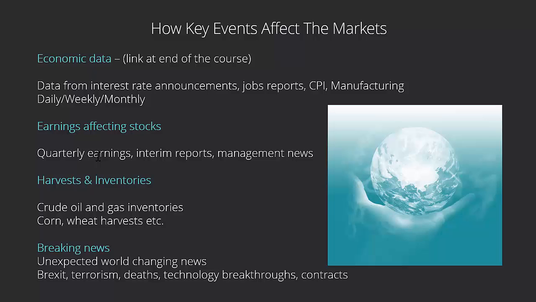Now stock specific, we have earnings. Obviously companies release earnings to tell you how they're getting on, and we've got those quarterly, we have interim reports, we have management news. So if you're long, let's say Facebook, and you're thinking of holding the stock overnight, you need to be sure that they haven't got a scheduled announcement, because the problem you have if you're trading stocks and holding overnight is that once that market is closed, you can't adjust your position at all.